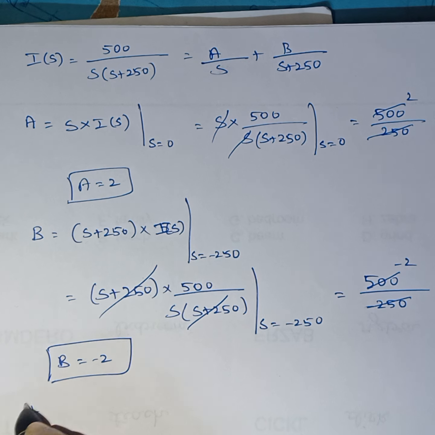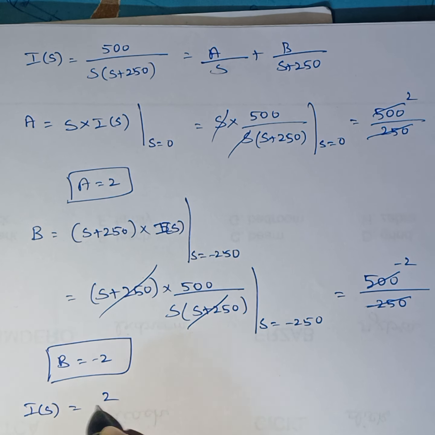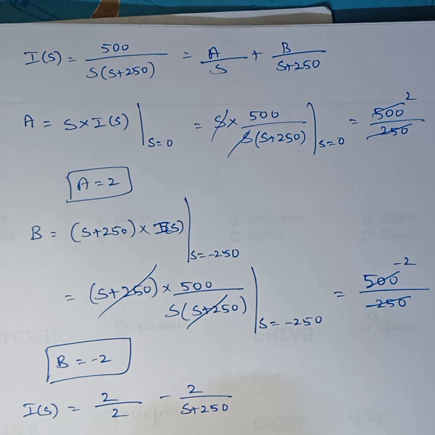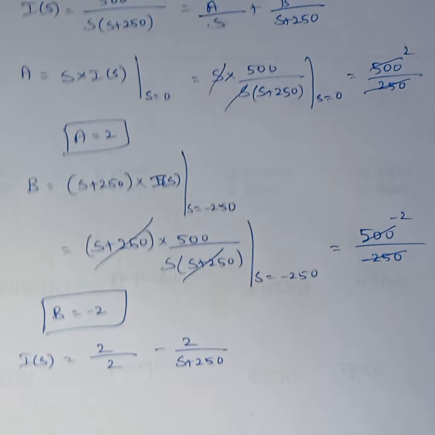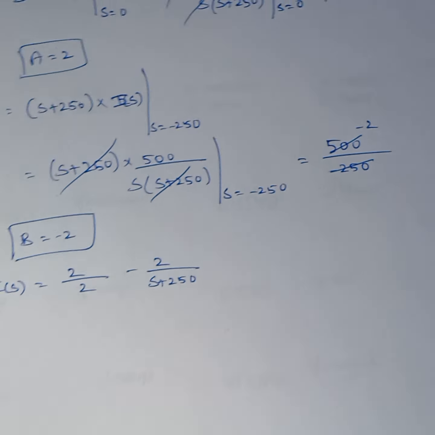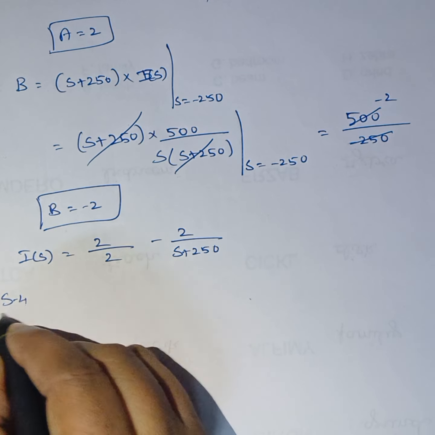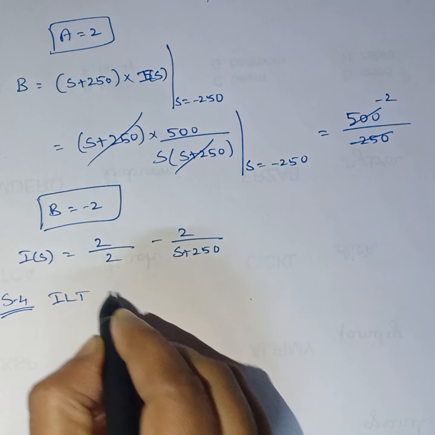So I substitute: I of s is 2 divided by s minus 2 divided by s plus 250. As I said earlier, what is the fourth step? We have to find the inverse Laplace transform.